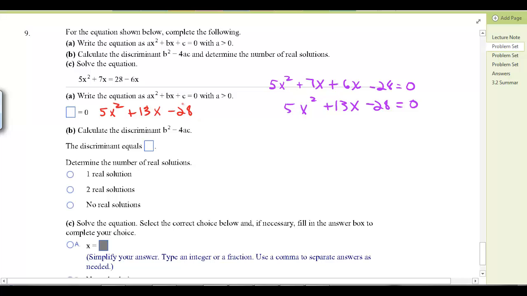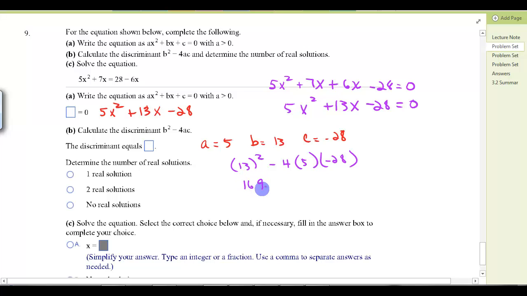Okay, and then it says calculate the discriminant. So we've got a is 5, b is 13, c is negative 28. And so that's 13 squared minus 4 times 5 times negative 28.